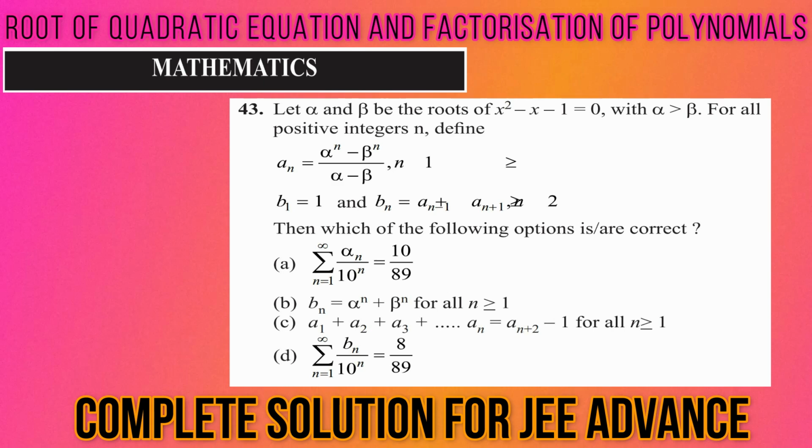The second option says bn is equal to alpha raised to n plus beta raised to n for all n greater than or equal to 1. The third option says a1 plus a2 plus a3 plus up to an is equal to an plus 2 minus 1. And the fourth option says the series from n equal to 1 to infinity of bn upon 10 raised to n is equal to 8 by 89.